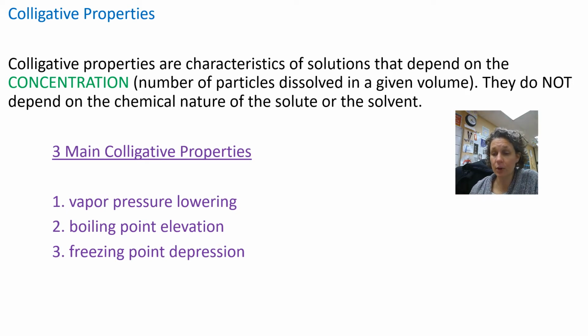It doesn't matter what the chemical is. There are 3 main colligative properties: vapor pressure lowering, boiling point elevation, and freezing point depression. For vapor pressure lowering, I just want you to know the concept, but for the boiling point and the freezing point, that's where we get to do some math.